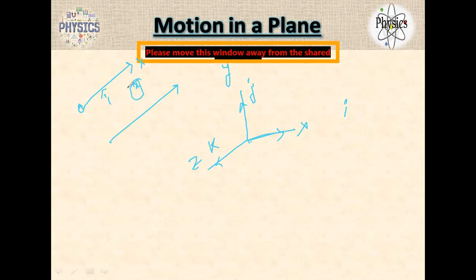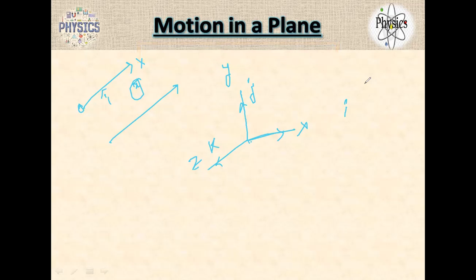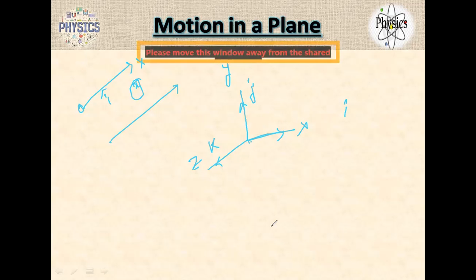But if I want to describe the object in 2D, and if I want to describe an object in only one direction, like east, west, north, south, or x, y, z, I just need one coordinate to describe its motion. But let us say here I can see the xy coordinates, and my object is moving in this direction.